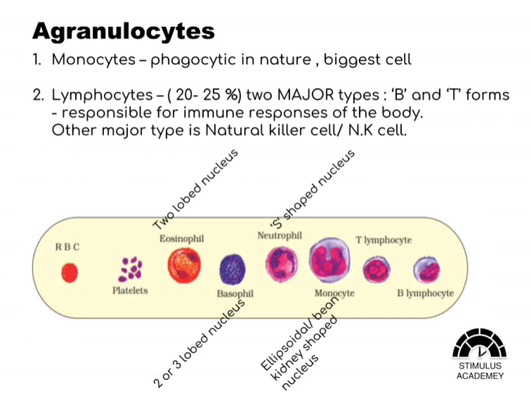Basophils, two or three-lobe nucleus. Neutrophils, S-shaped nucleus. When we look, it somehow appears S-shaped. Monocytes have an ellipsoidal, bean or kidney-shaped nucleus. Then T lymphocytes and B lymphocytes.